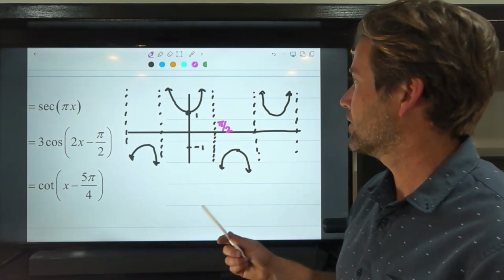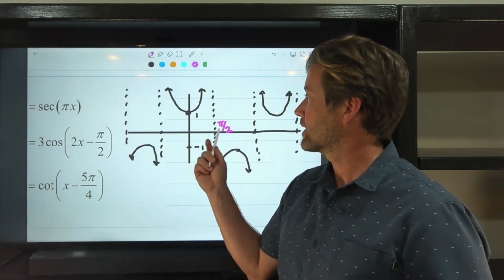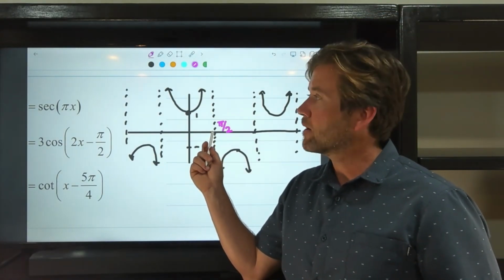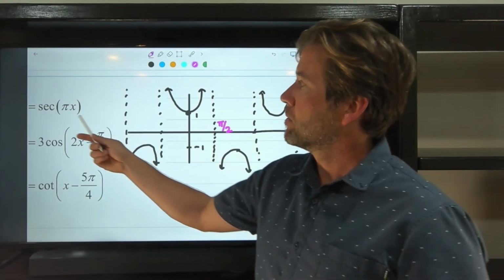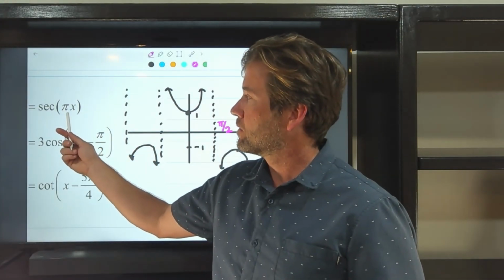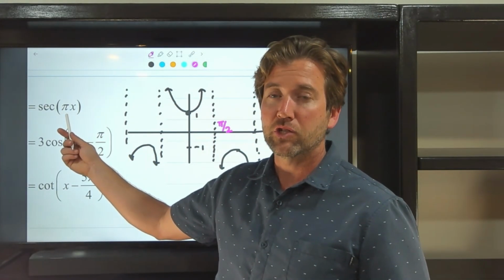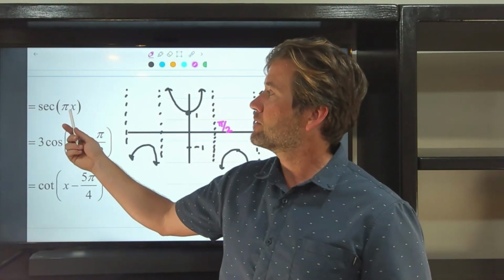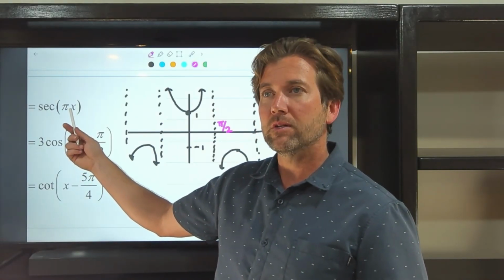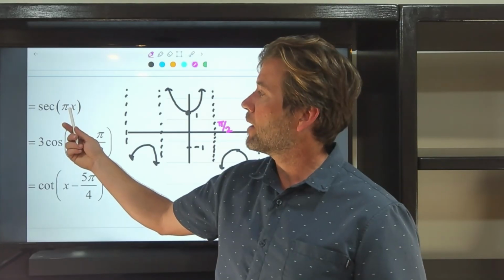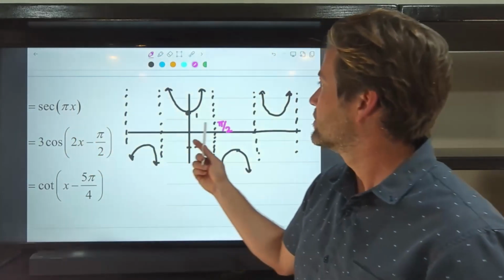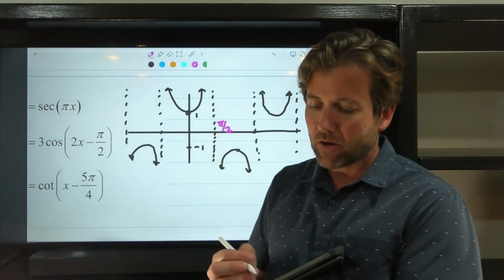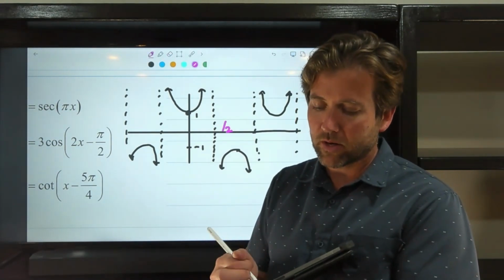If you remember, for secant of x, this asymptote is normally pi over 2. But I have to apply this horizontal compression, or horizontal shrink. We have to not multiply all the original inputs by pi, but divide by pi. So pi over 2 divided by pi will become 1/2.